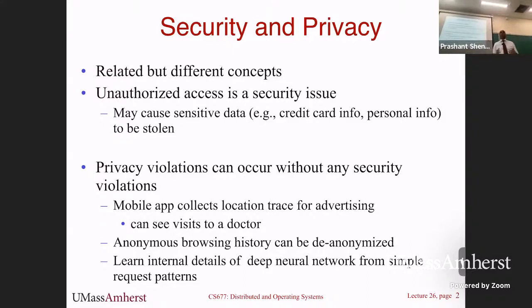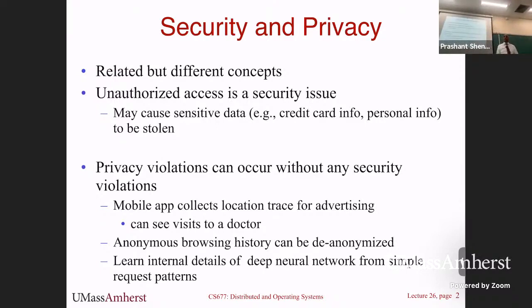They're of course related concepts, but they're distinct concepts. Okay? If you think about unauthorized access to a machine, let's say somebody gets access to your machine or some server, once they do that, they have access to resources on that machine. Specifically, they can access files or data stored on the machine.